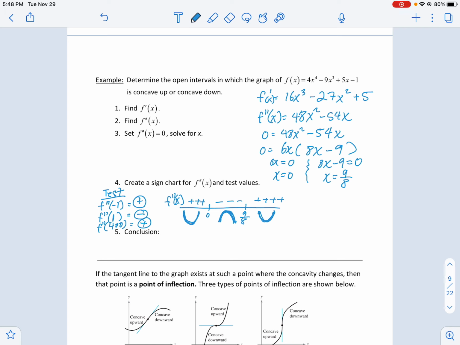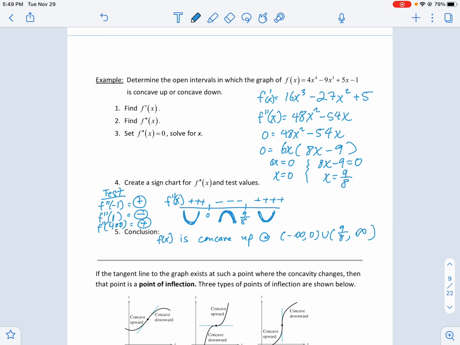So conclusion, we know where the graph is concave up and concave down. Okay. F of x, the original graph, is concave up at 2 intervals, right? It's at the interval -infinity to 0 and 9/8 to infinity.